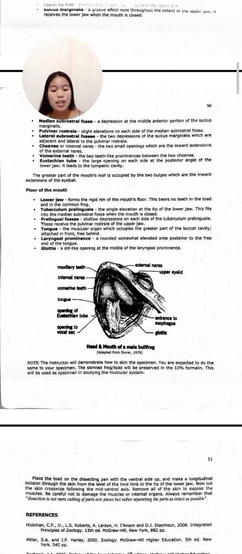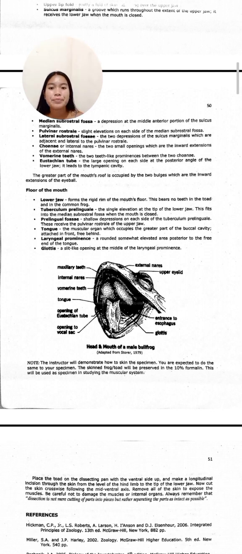The pulvinar is a higher-order association nucleus that participates in reciprocal cortical interactions and promotes synchronized oscillatory activity in functionally related areas of the cortex. Muna siya, ang pulvinar.